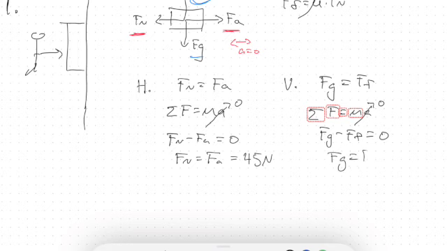Fg equals force of friction equals mass times gravity, 1.1 times 9.8, which is 10.78.